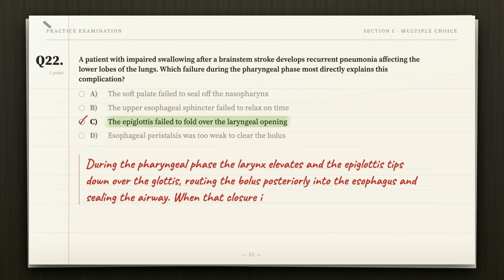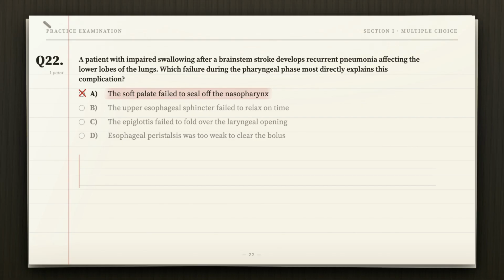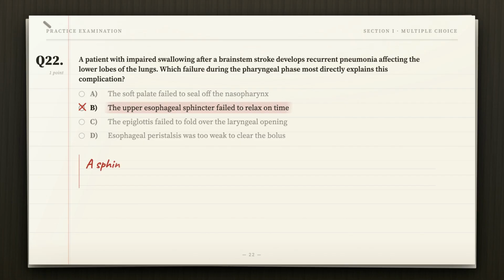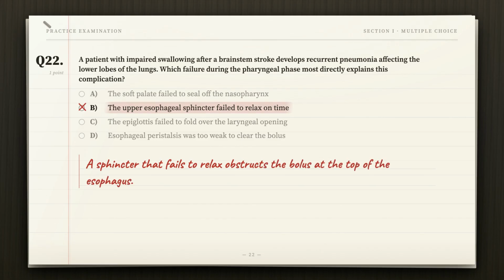A is wrong because failure of the soft palate sends material upward into the nasal cavity, producing nasal regurgitation rather than pulmonary infection. B is wrong because a sphincter that fails to relax obstructs the bolus at the top of the esophagus.